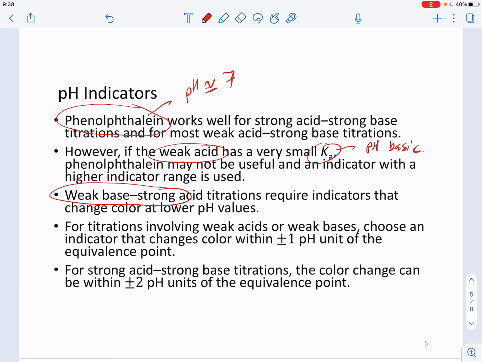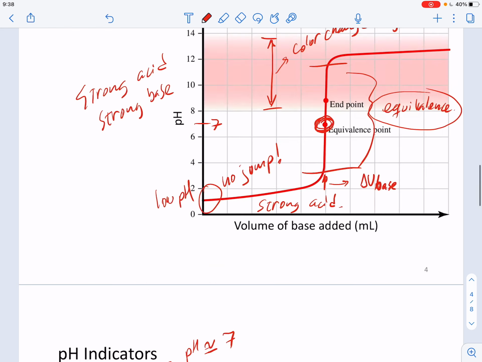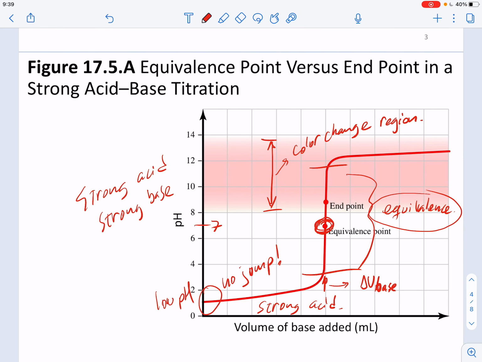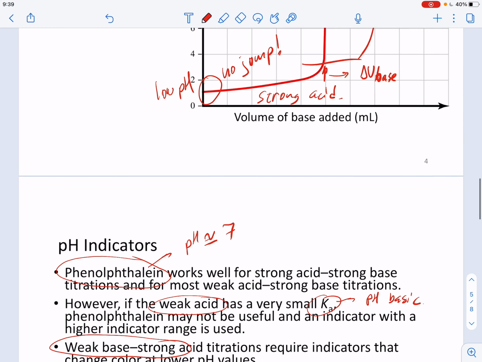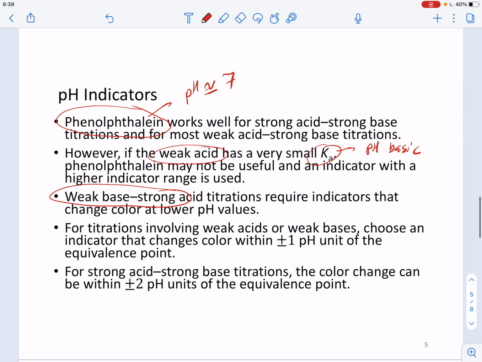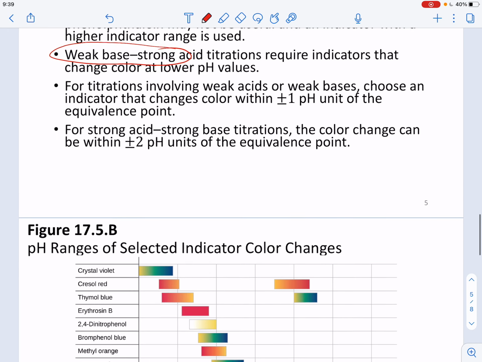All right, however, what we are looking at here, remember when we were looking at this graph, you want this color change region for the indicator to overlap with the equivalence point region of the titration curve. Remember that for a weak acid, that region is rather small.